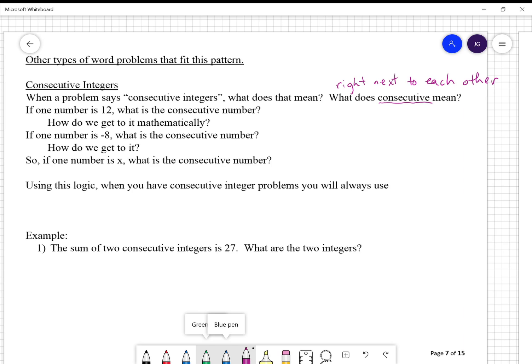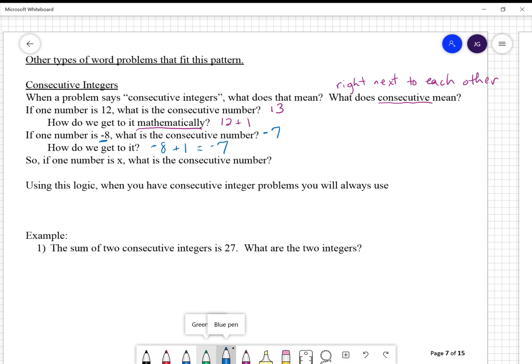So if one number is 12, the consecutive number is the next number, which is 13. Well, how do we get from 12 to 13 mathematically? We add 1. If our number is -8, what is consecutive? What's the next number? Well, that's negative 7. How do we get to it? Negative 8 plus 1 is negative 7.